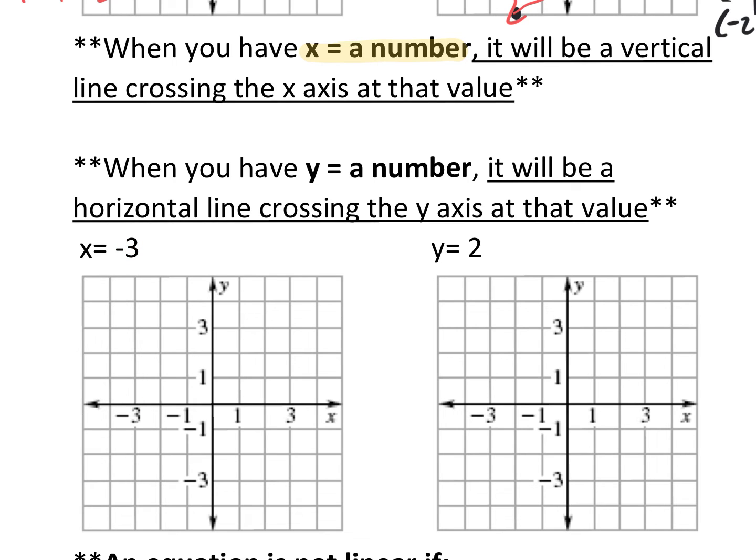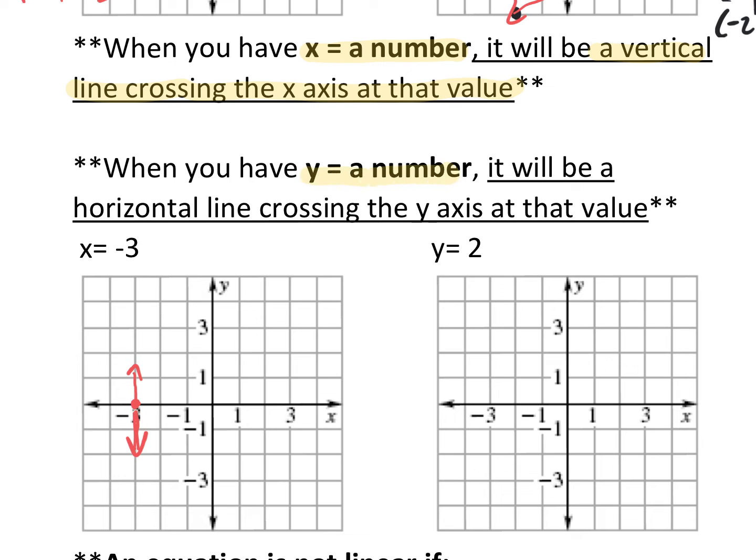So let's go to negative 3, put a dot at negative 3, and just draw a line going up and down right through that x value of negative 3. Again, anytime you have an x equals a number equation, it's going to be a vertical line crossing the x-axis at that value.